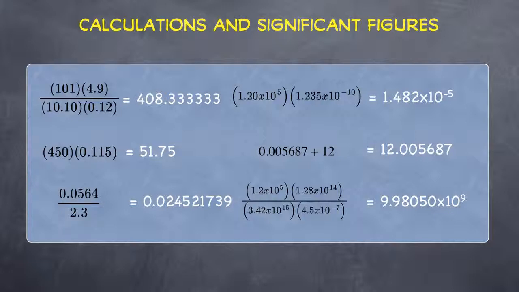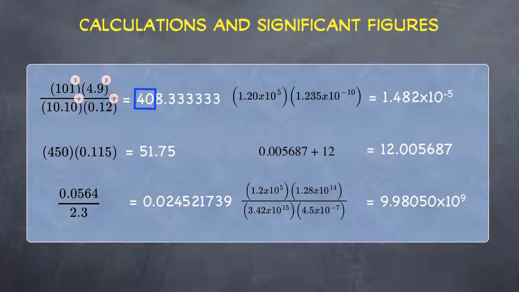So let's go ahead and take a look at the first one. For the first measurement, we only have 3 sig figs. The next one we have 2. The next one we have 4, and for the final one we have only 2. Now what that means is we're only allowed 2 significant figures in our final answer. So we need to put a box down that includes just 2 digits.